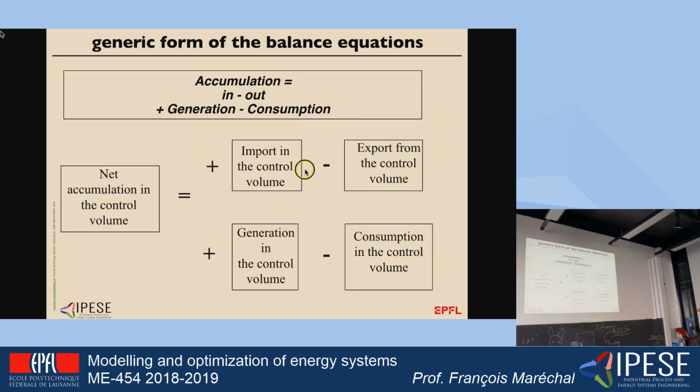And then I have to add those two terms, the generation and the consumption term, which mainly represent, on the one hand, the possibility that I will generate a chemical compound by a chemical reaction, or I will generate electricity by using heat.